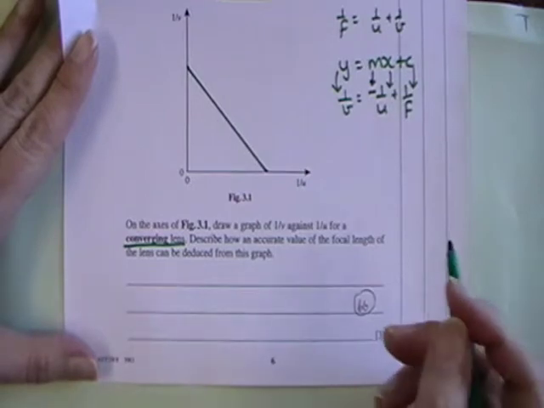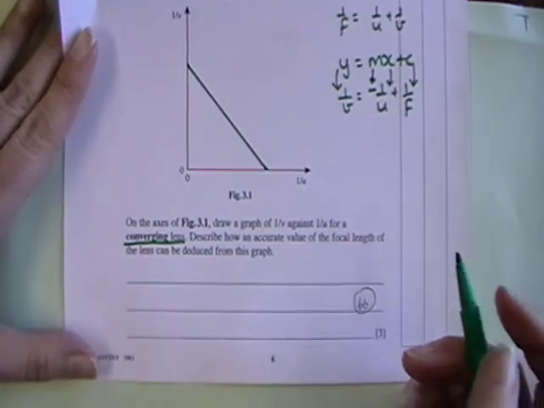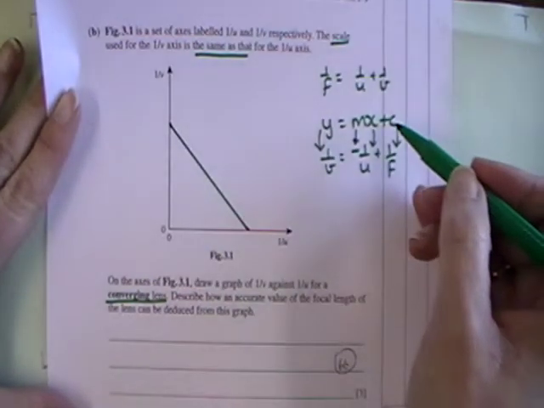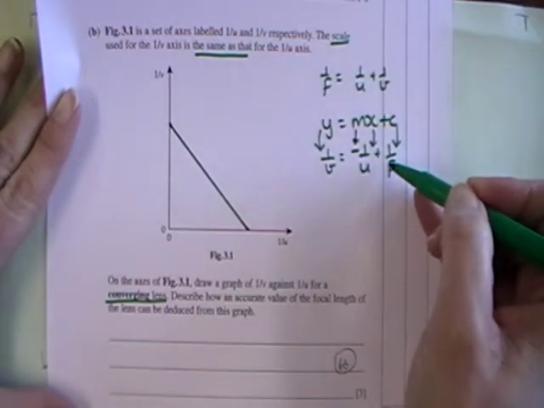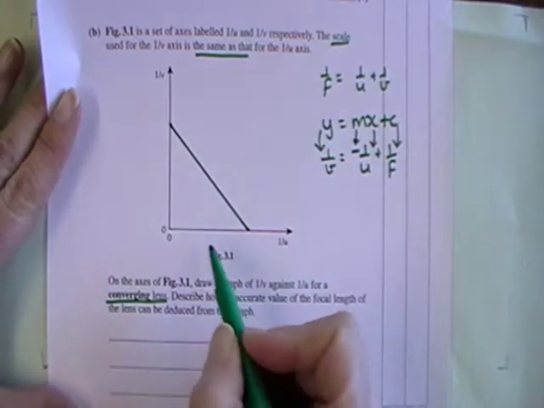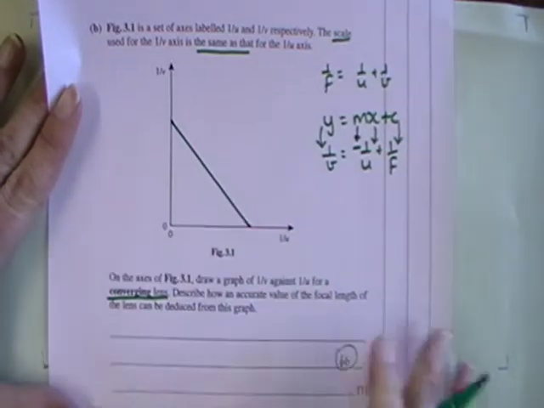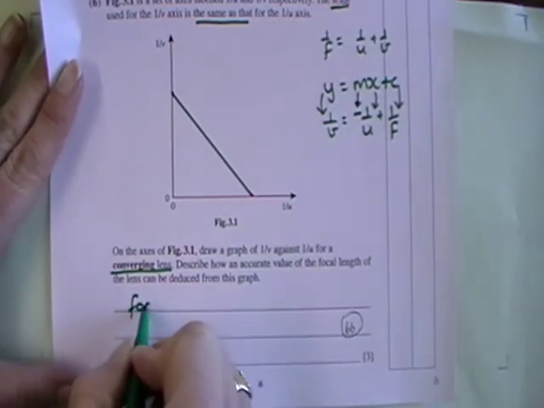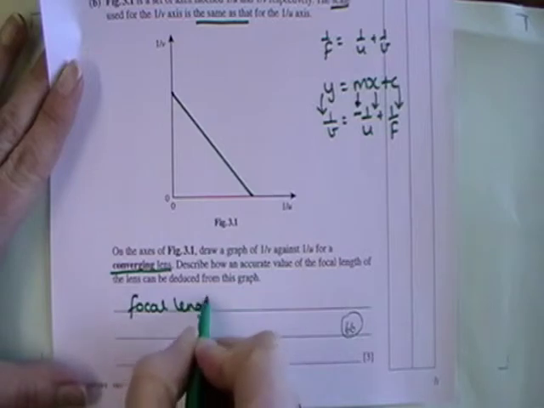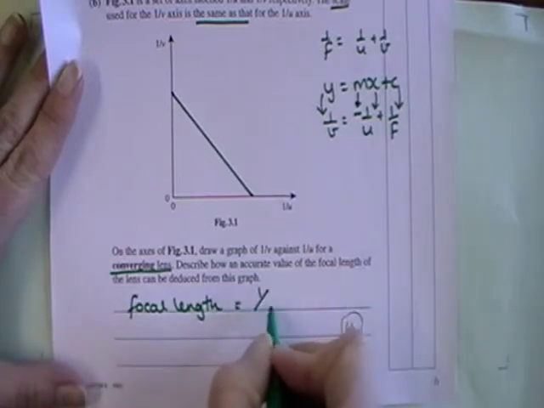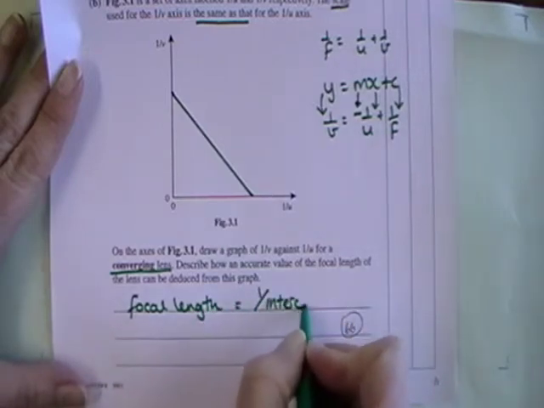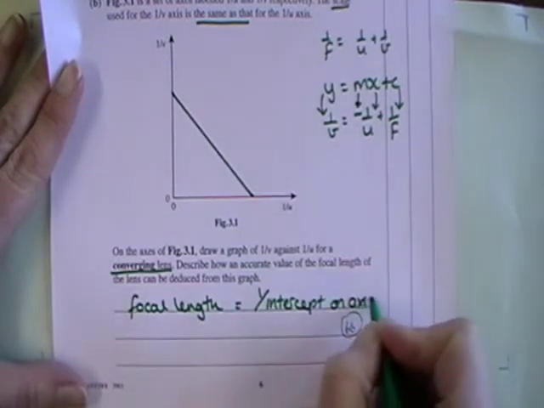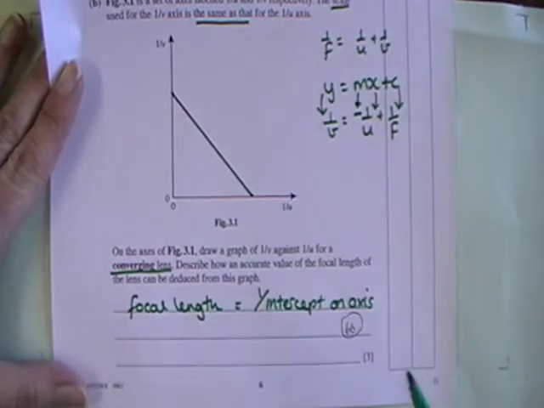We've done that. Now describe how an accurate value of the focal length of the lens can be deduced from this graph. Well, we've already said that the y-intercept will give us 1 over f, and because the scales are the same, the x-intercept will also give that. So the first thing we can say is the focal length is equal to 1 over the intercept on either axis. So you could call this the reciprocal.